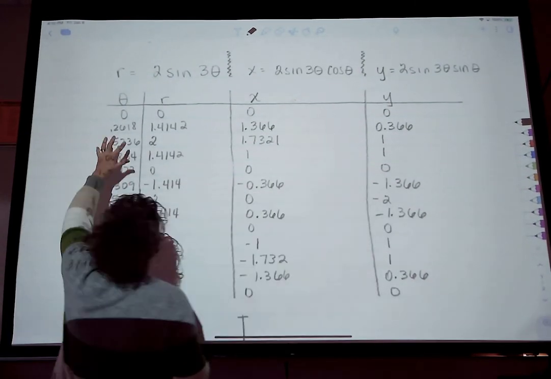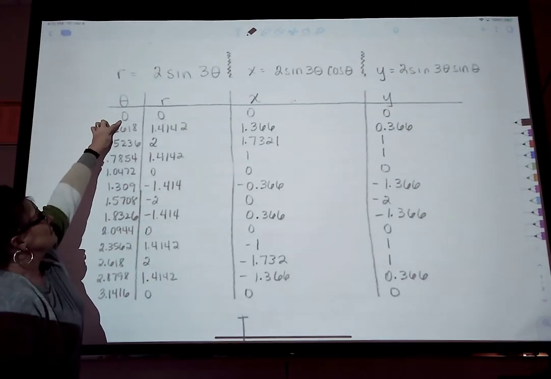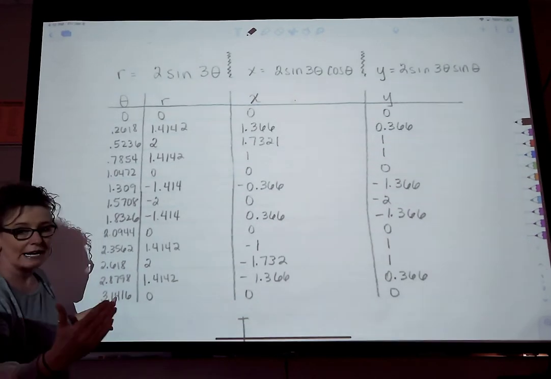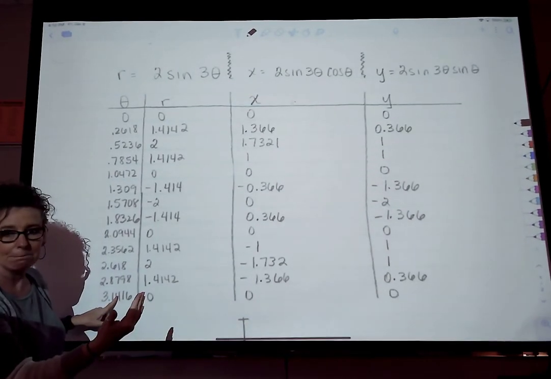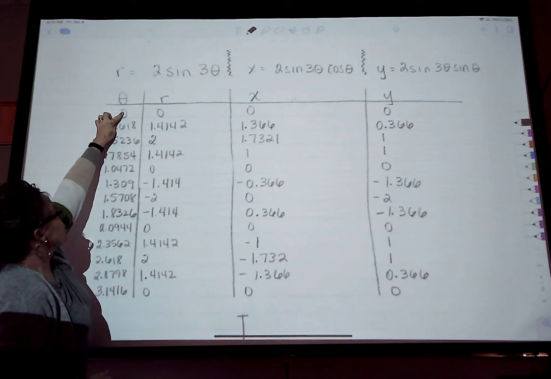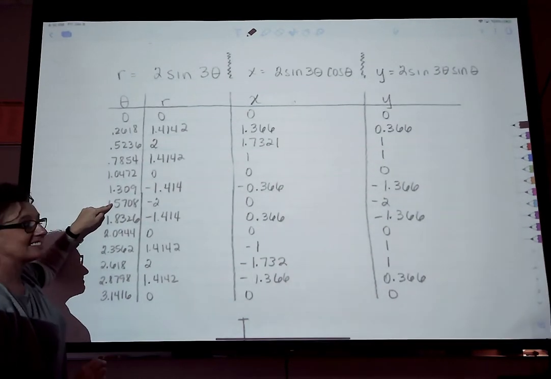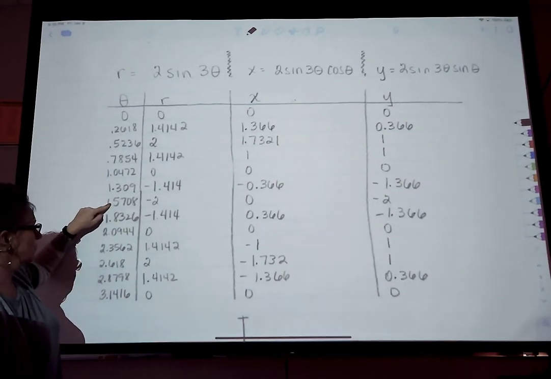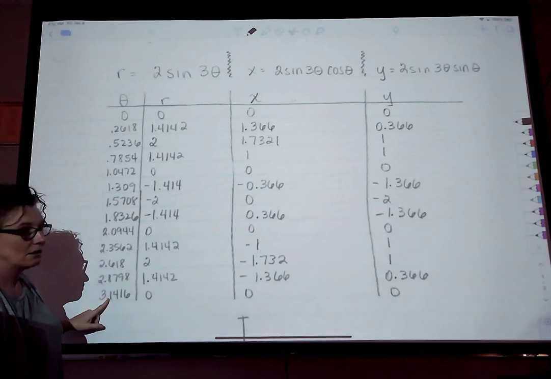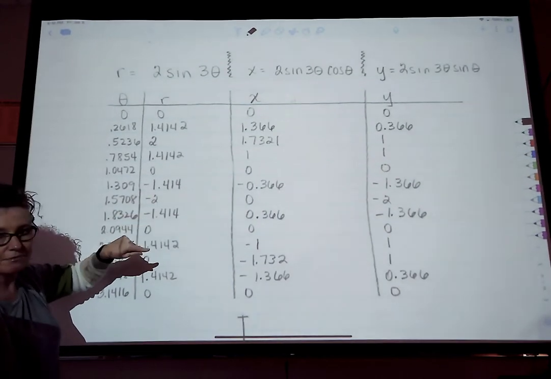Keep in mind, theta has to start at 0 and it can only go to 180 or pi. So we've got theta, this is 90 degrees, pi over 2, this is 180. Why are these negative?